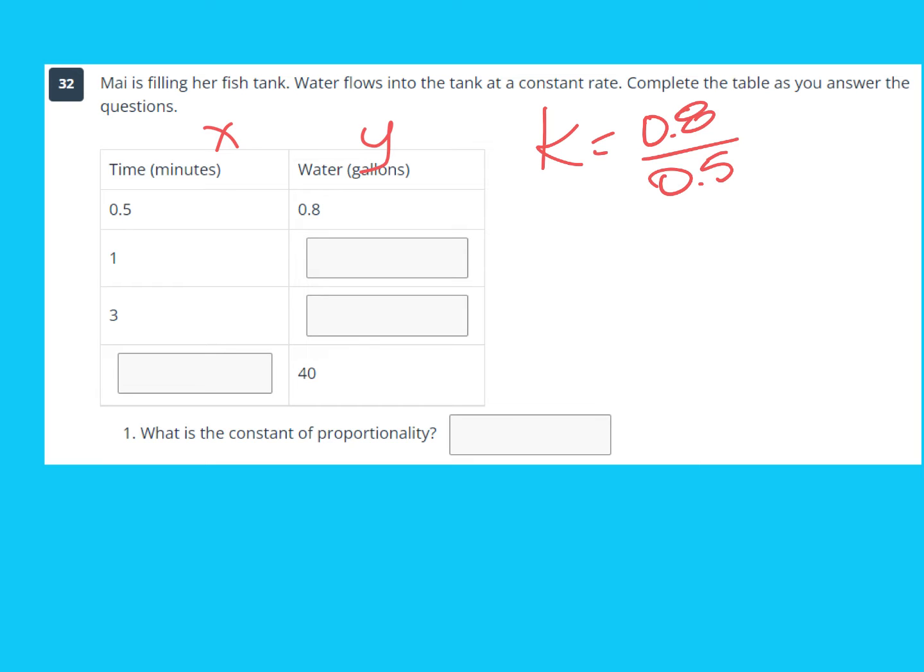So that is fine. Oopsie. So that, of course, is going to equal 1.6. K equals 1.6. That is fine.